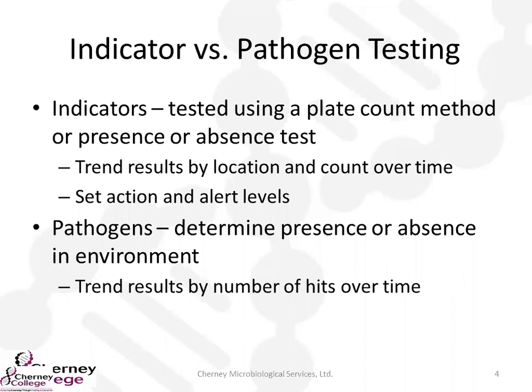We're seeing an increased count on our indicators, such as an APC or Enterobacteriaceae count, that's going to allow us to take some sort of action to get that back into check before it does go to present a problem. So more of a leading indicator, especially when we're talking product and the environment.